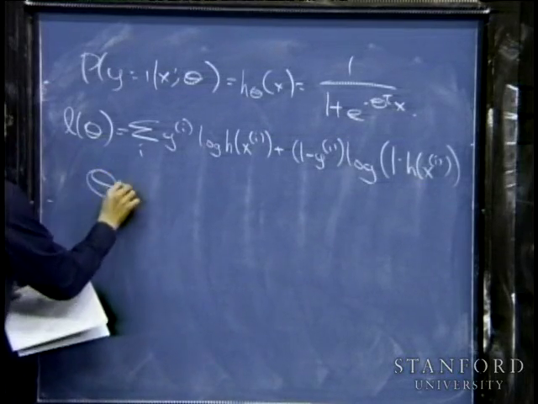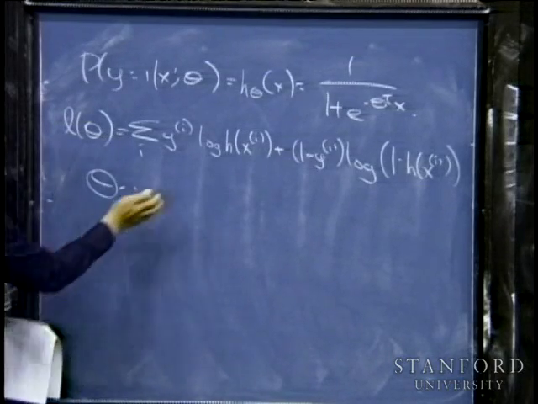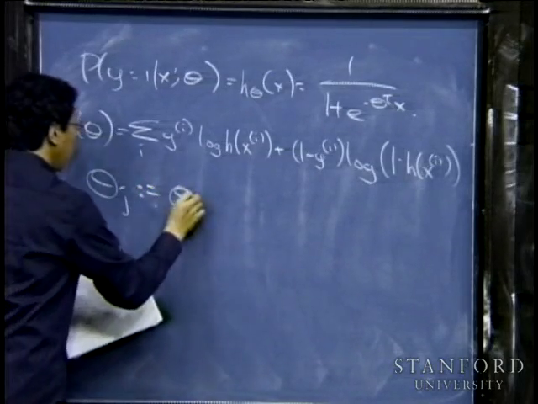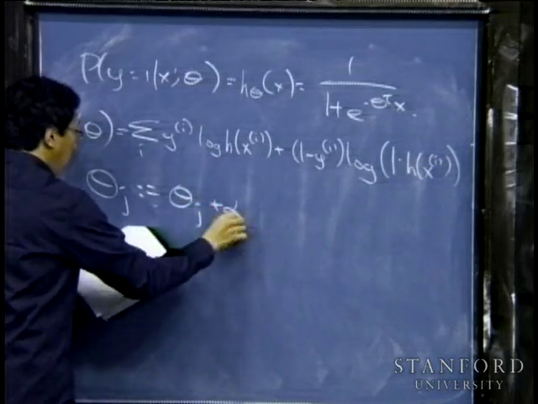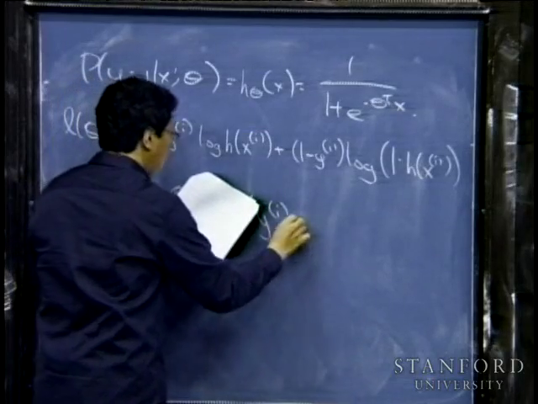Last time I wrote down the learning rule for batch gradient ascent, but the version for stochastic gradient ascent, where you look at just one training example at a time, would be like this.